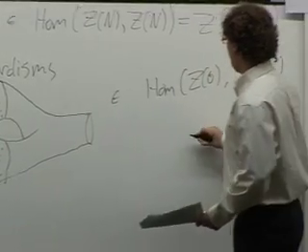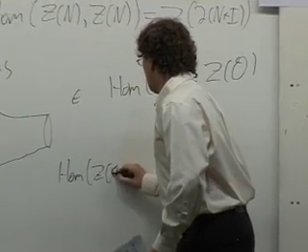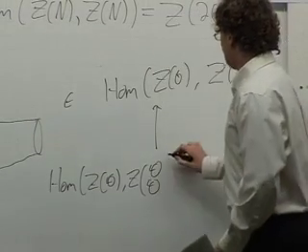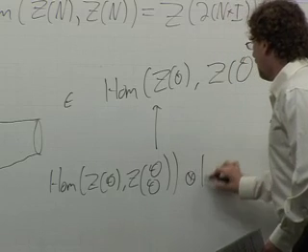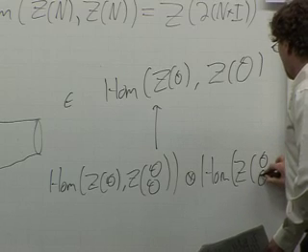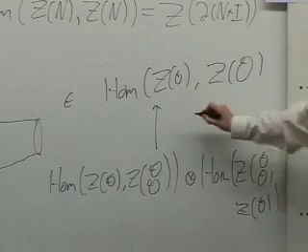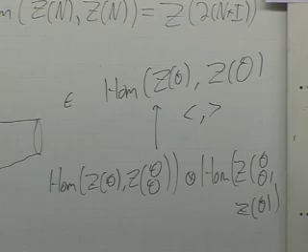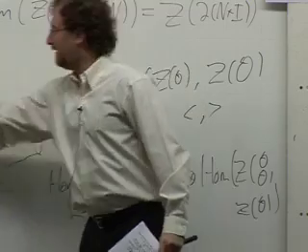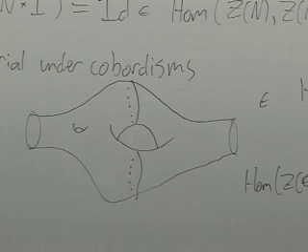In other words, we have a map from Hom from Z of the circle to Z of two circles, and we have Hom from Z of two circles to Z of the circle, and there's a pairing contracting this. So this is just a slightly clumsy way of trying to say a composition. You can take this map, and you compose them, and you'll get the map given by the glued manifold.